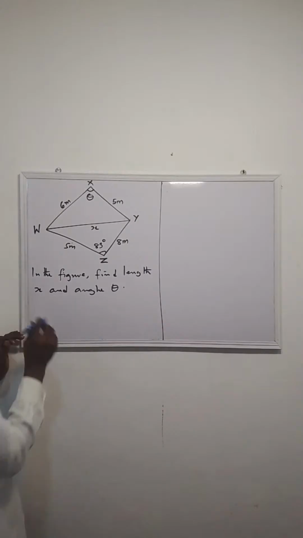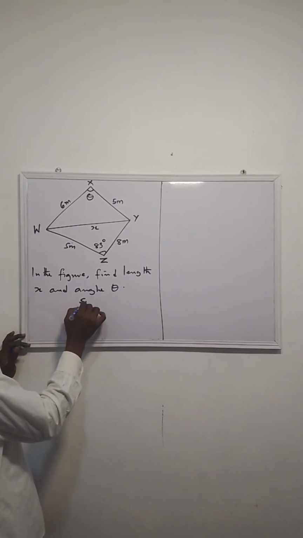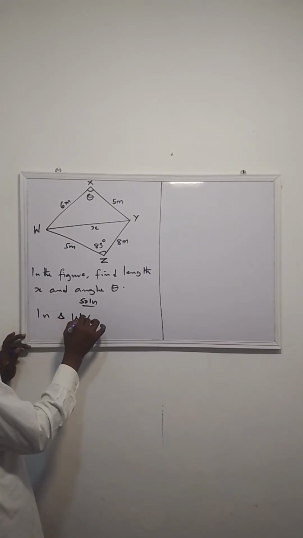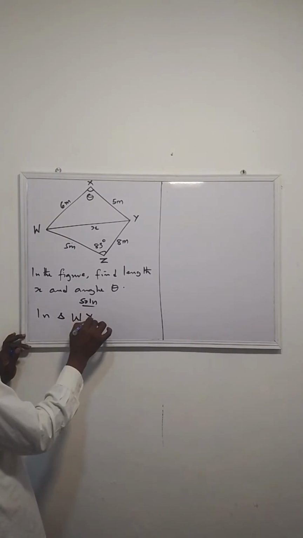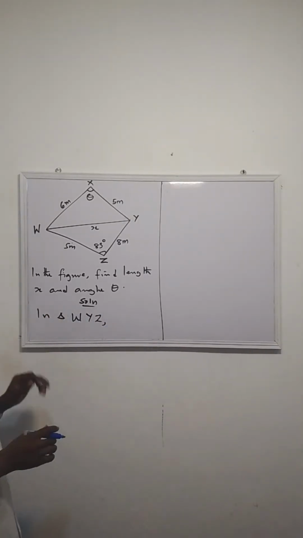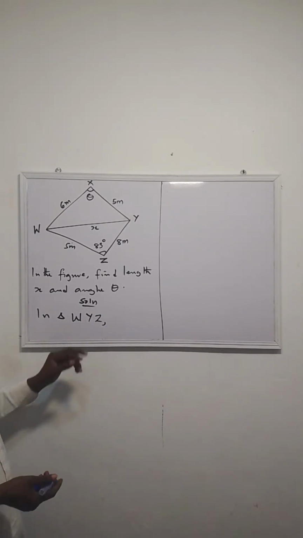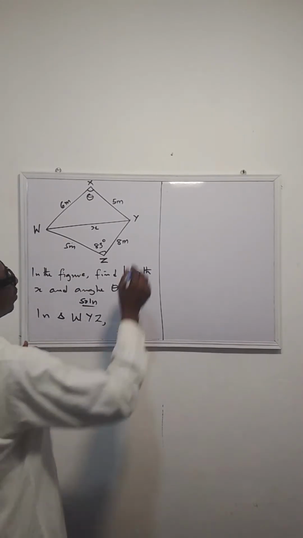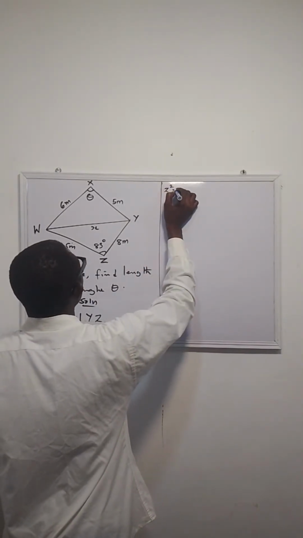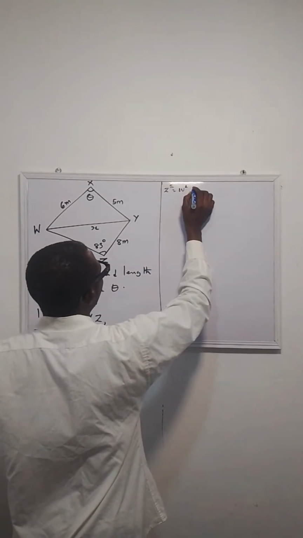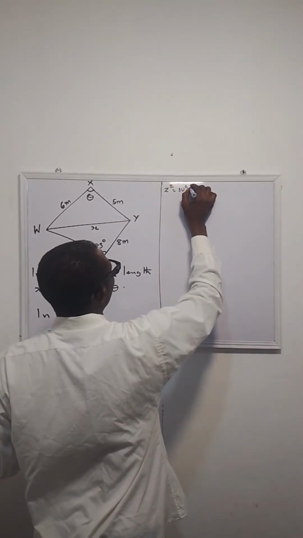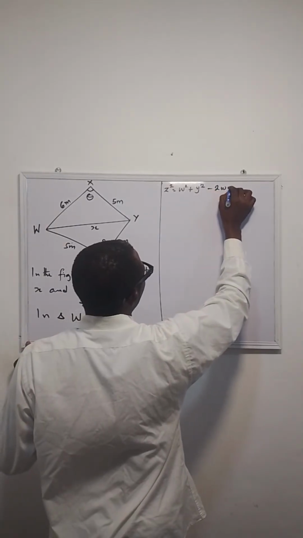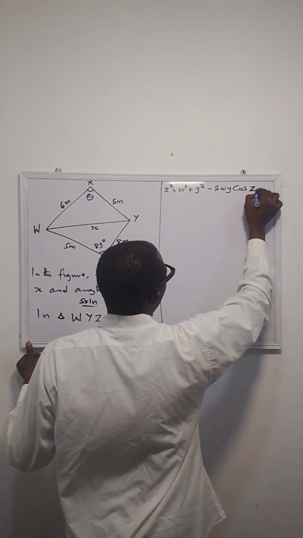Now in triangle WYZ, we can make use of the cosine rule. So we have z squared equals w squared plus y squared minus 2wy cos z.